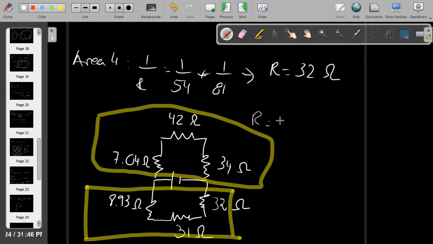So for the top, you're going to add them up, 7.04 plus 42 plus 34. I'm going to put the top, the resistance for the top part of these.